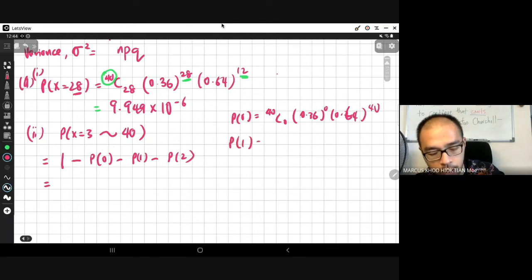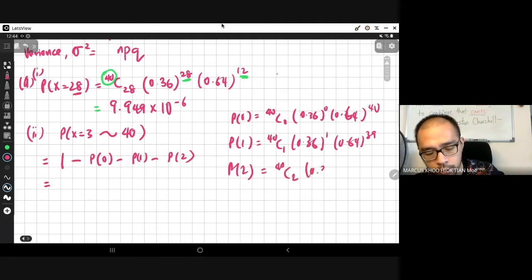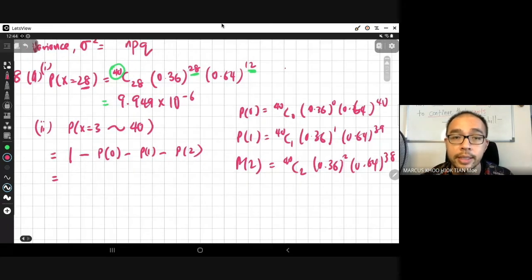P1 is 40C1, 0.36 to the power 1, 0.64 to the power 39, and P2 is 40C2, 0.36 to the power 2, 0.64 to the power of 38. Okay, yes. So please count and tell me, write down there how much 0 is, how much 1 is, how much 2 is, so that I know which probability you're referring to.